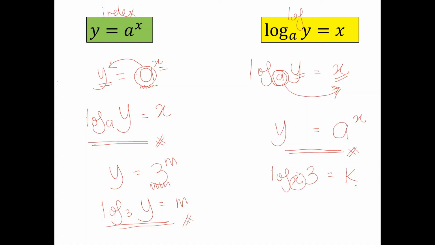We go to the other side and it will become the base for the index. 3 and k will remain on their original side. So now we have 3 equal to x to the power of k. 3 and k remain, x changes side and becomes the base for the index.